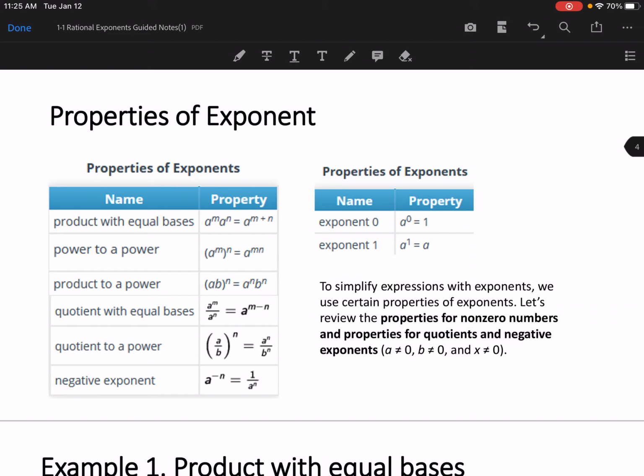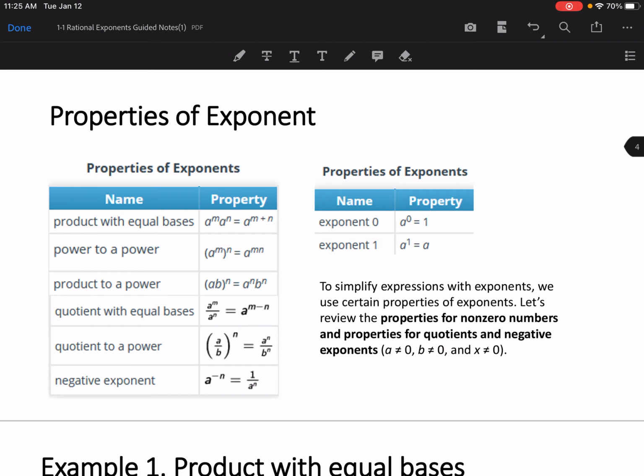And then negative exponent: anytime you have something to a negative, you do not want to leave your answer in the negative. You have to rewrite it as a positive. To do that, we're going to write it as a reciprocal, which is 1 over a to the nth. When you rewrite it as a reciprocal, the negative goes away. So you have 1 over a to the nth. We're going to look at some examples with this also.